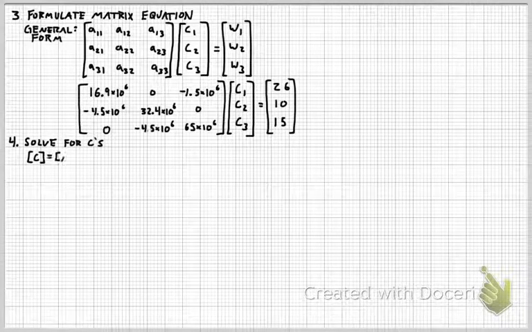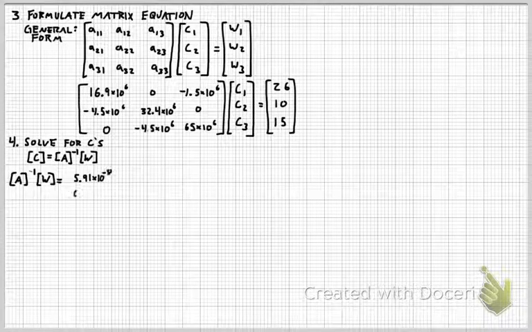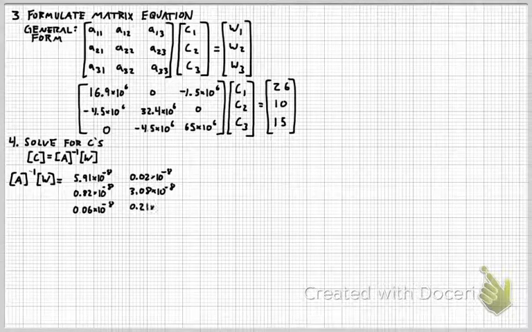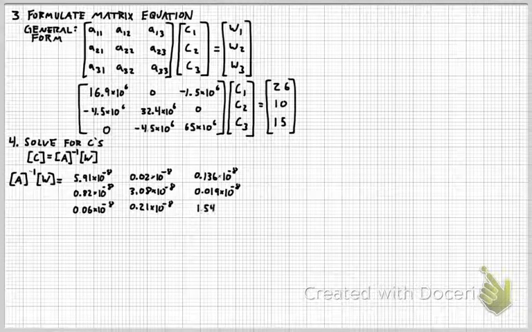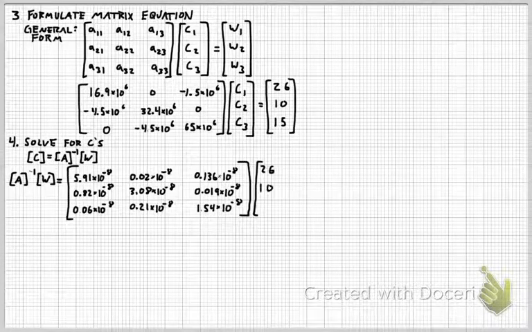So step 4 is going to be to solve for the concentrations. Our general strategy is that our concentration matrix is going to be equal to the inverse of the A matrix multiplied by that loading matrix. And so what you see on your screen right now are my numerical solutions for this.